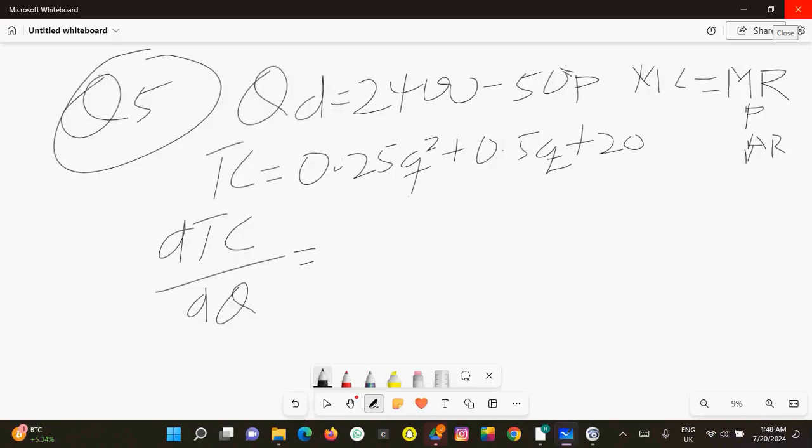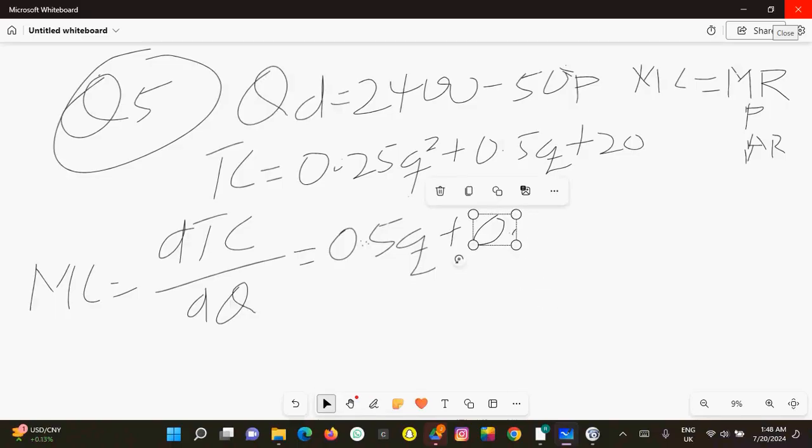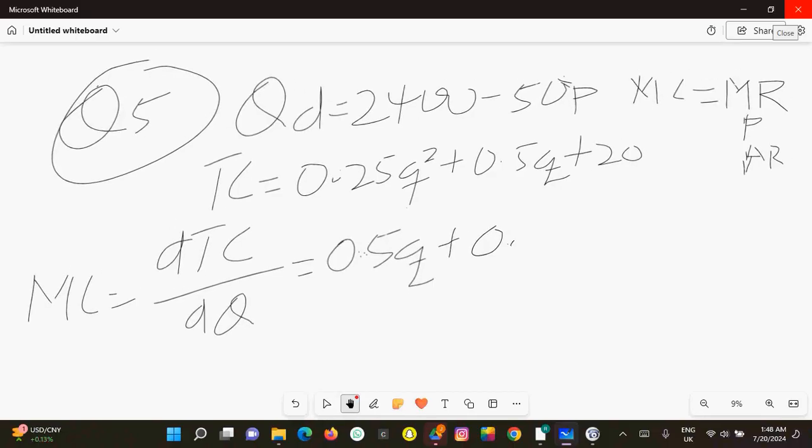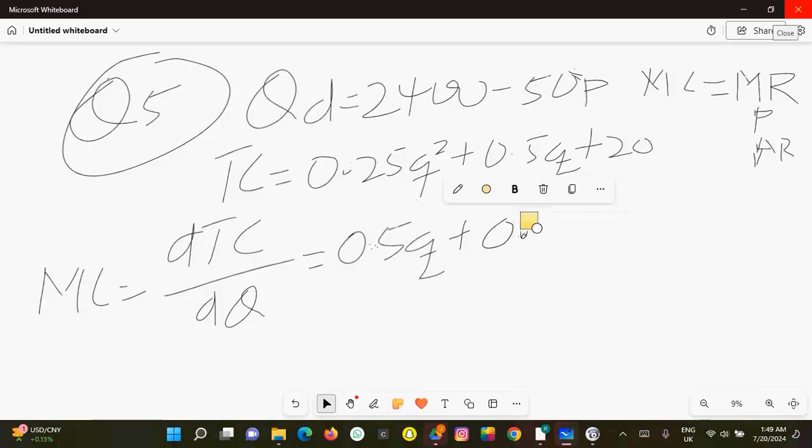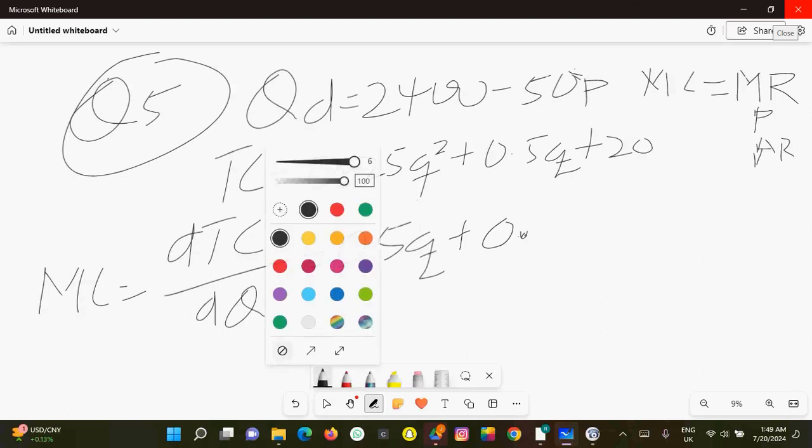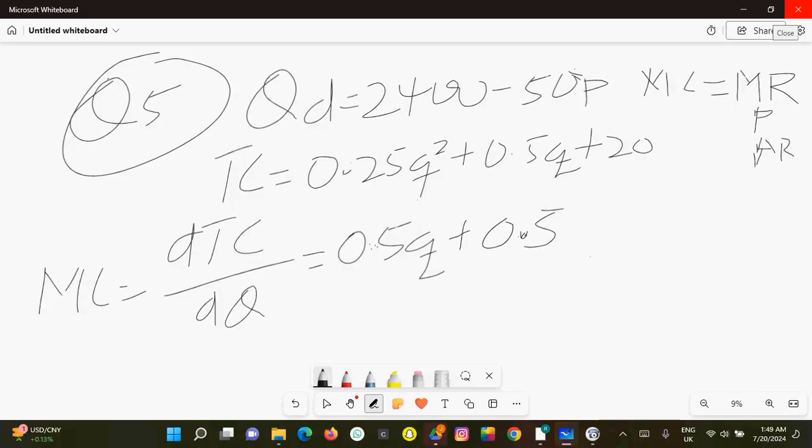So 2 times 0.25 is giving us 0.5, so 0.5Q plus 0.5.